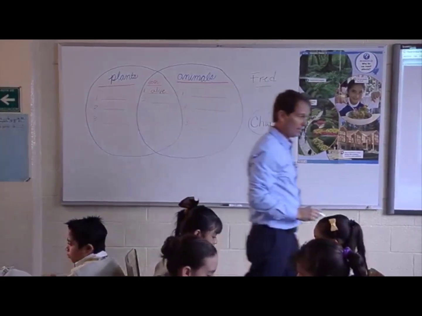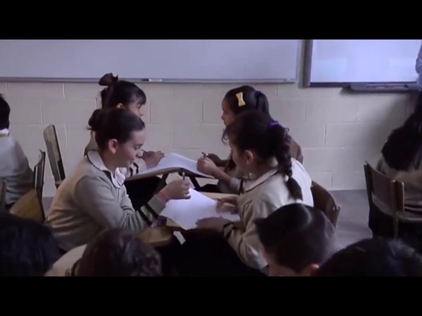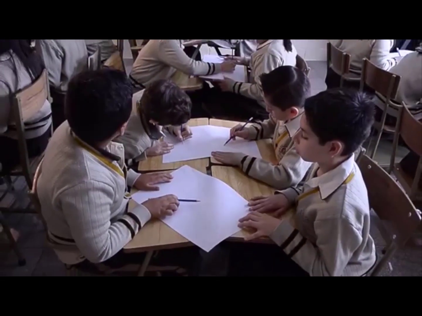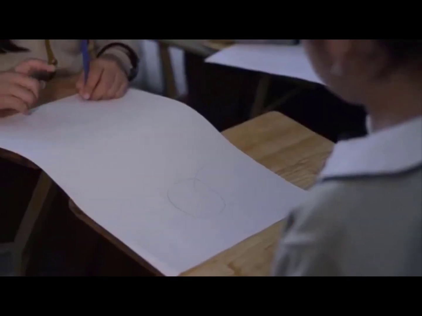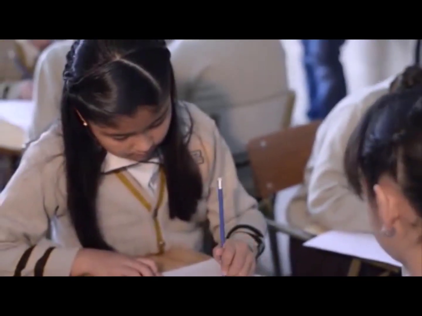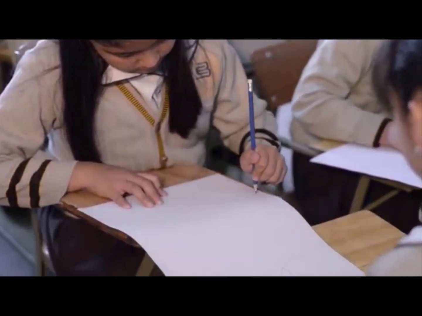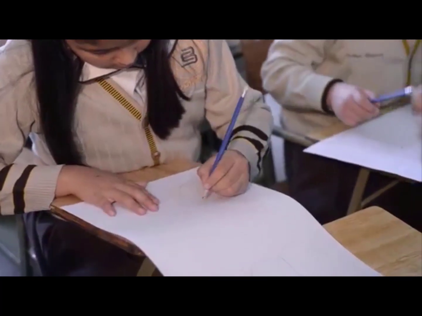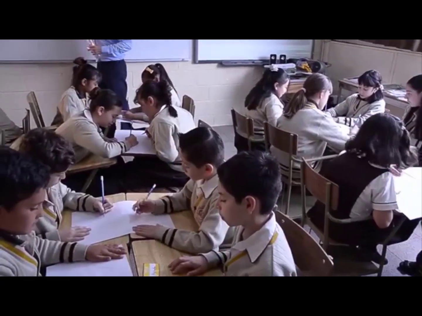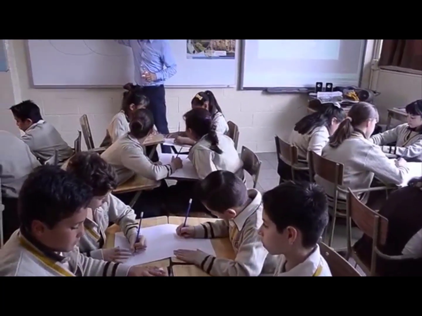Try it, okay? Make big circles, big circles. Make sure they cross in the middle, okay? Can you do it together? You might have to share one desk. Great. Label them plants, animals, and both. Can you do that for me?